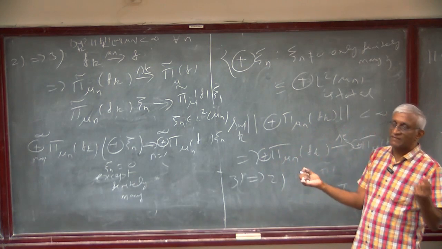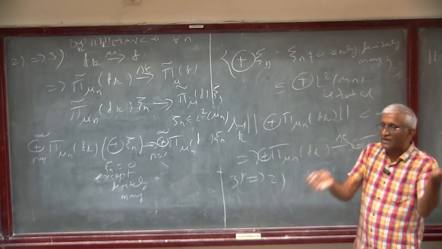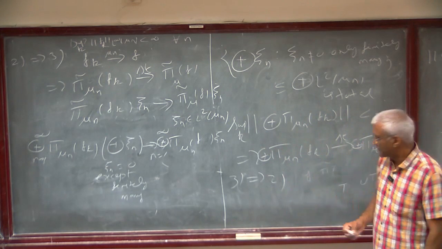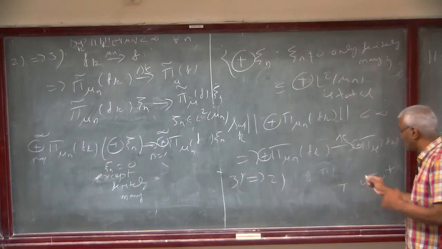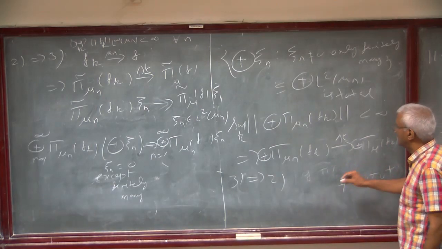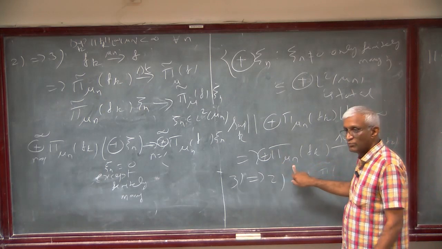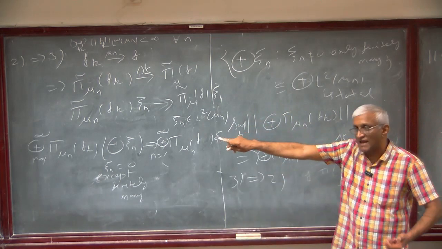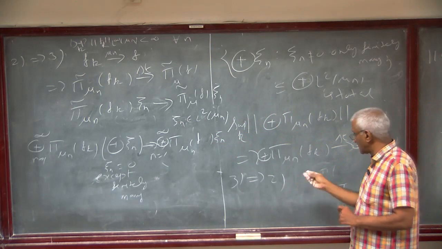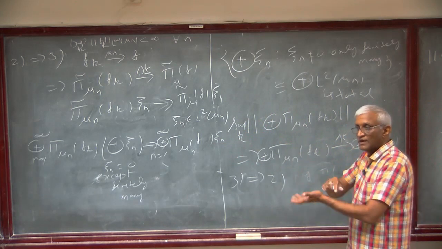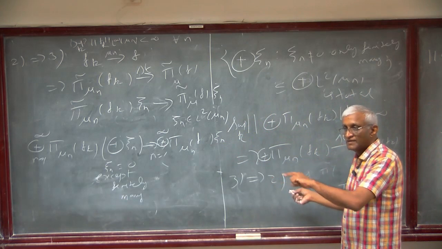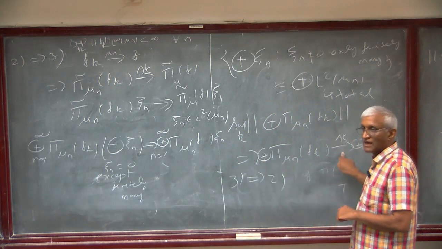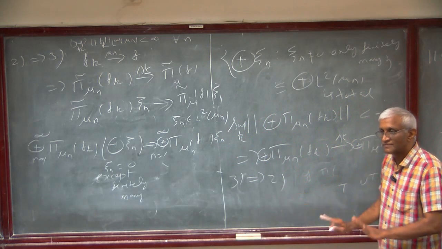To every element you have some element here. If pointwise convergence happens here, that same thing will happen. So with a unitary, you don't have to worry about the unitary. Direction pi mu n, so it will happen over pi tilde, unitarily defined by the unitary U, this operator U star. It will happen for that.